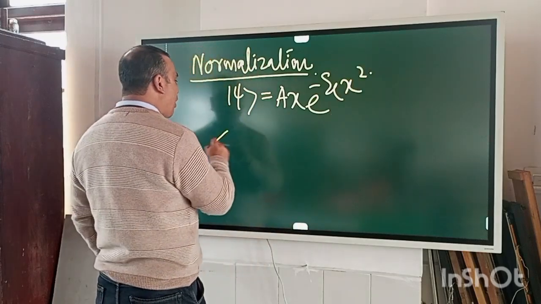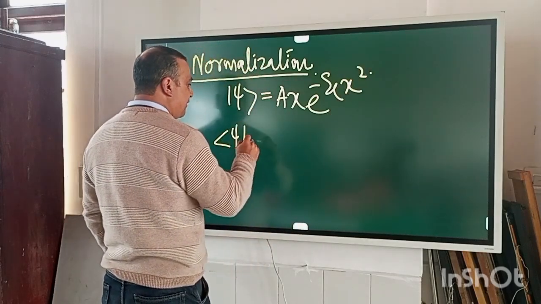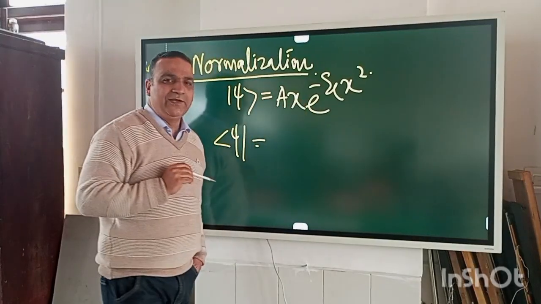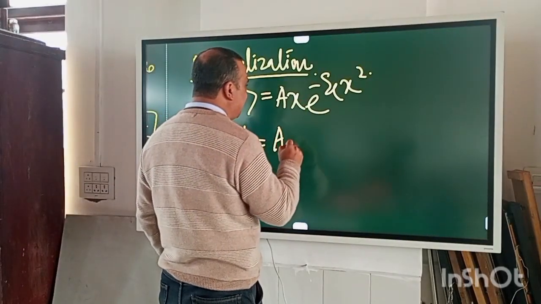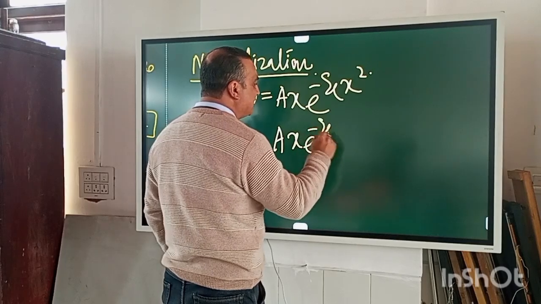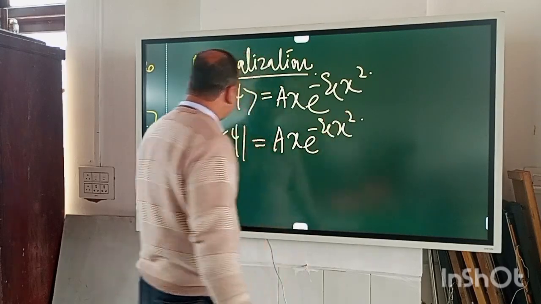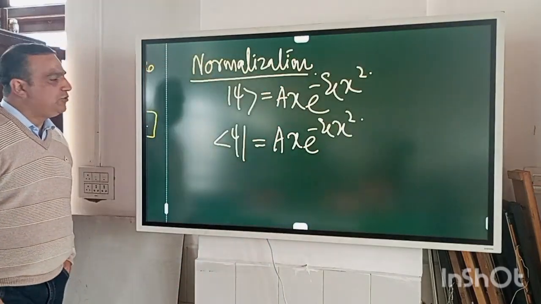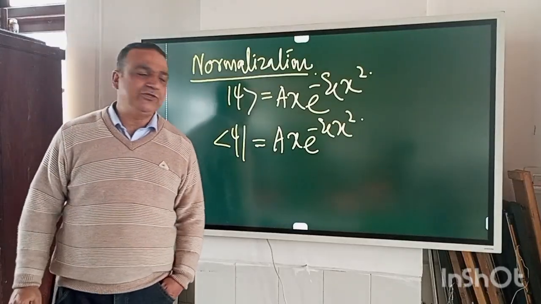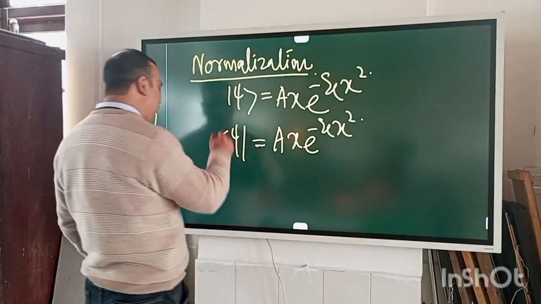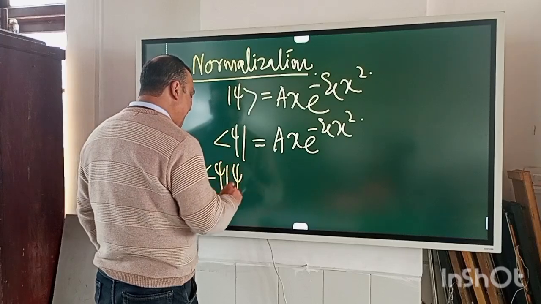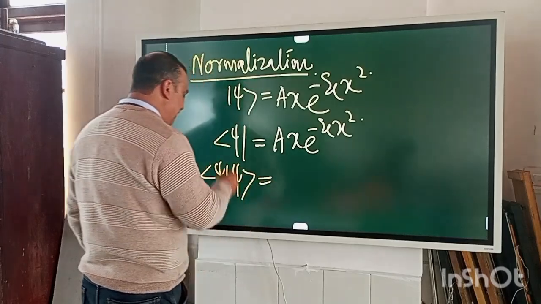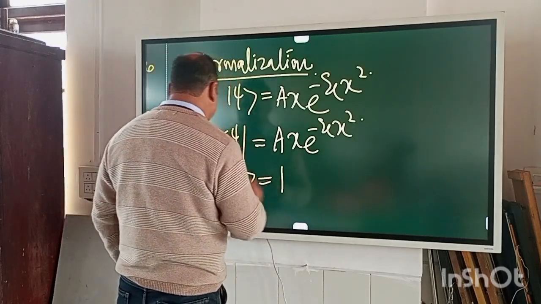Now if I take the bra of this psi, since there is no iota involved in our trial wave function, the bra will also be the same thing, A x e to the power of minus zeta x squared. Now, in order to use the condition of normalization, we'll have to take the inner product of this bracket. So psi and psi, this inner product must be equal to 1.